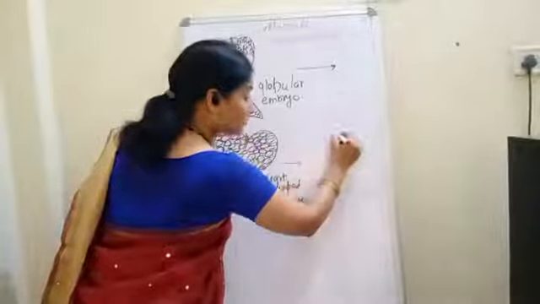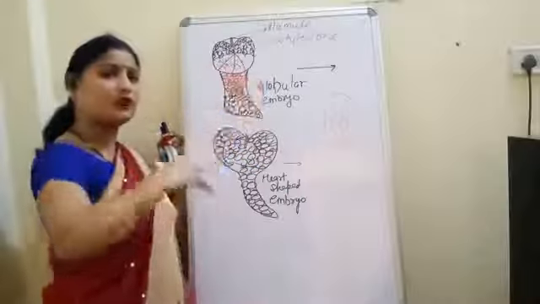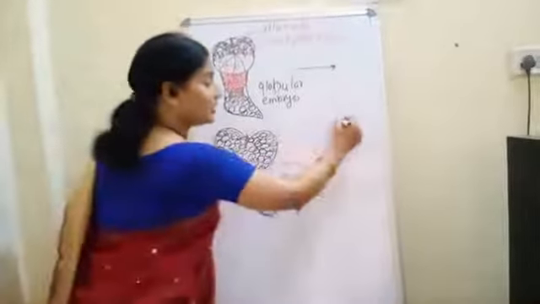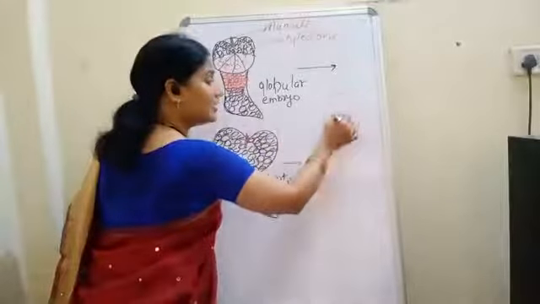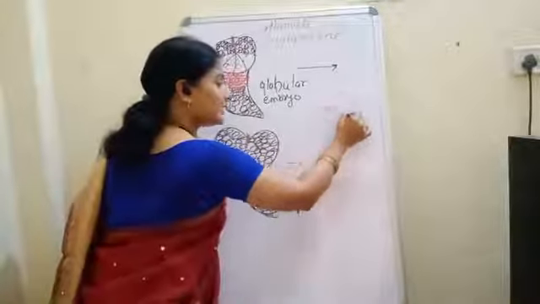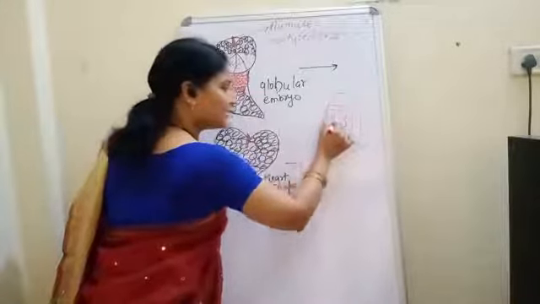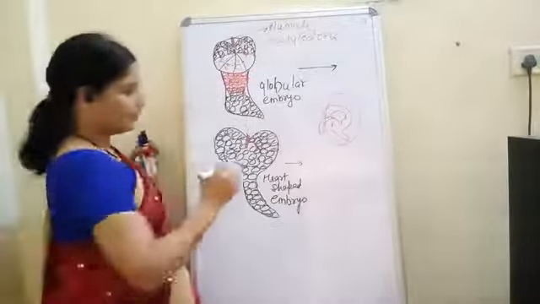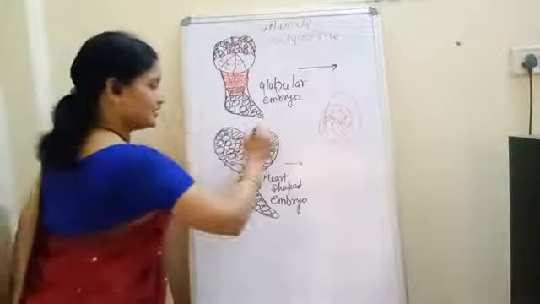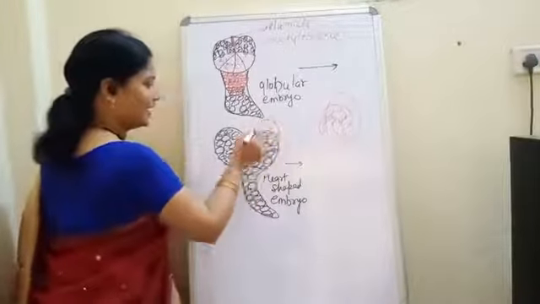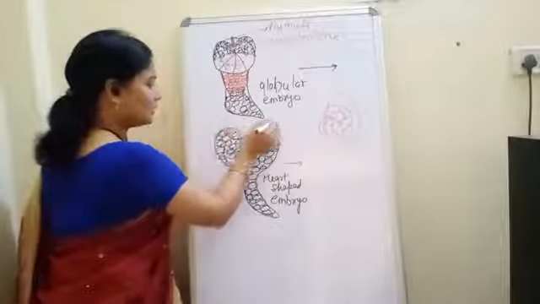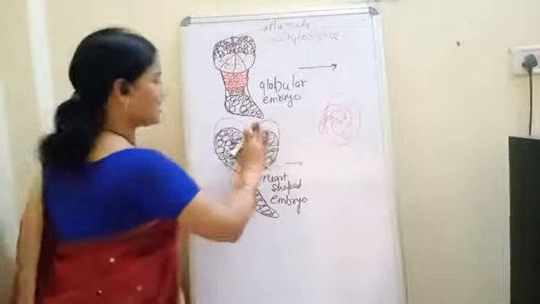So the cotyledon that will develop will shift to one side. Okay, what will be the structure? This is growing now, and if this is growing, then they will shift at one side.